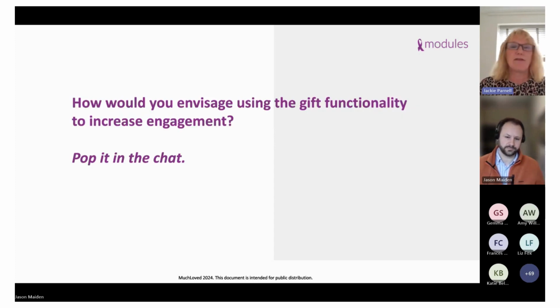While I'm sharing what's already out there, I just wondered if you could think of some ideas for connecting with your supporters using this gift functionality, especially to increase engagement. And then, if we can share ideas at this forum after I've shared the ideas, it'd be great just to see what other creative ideas might be around.